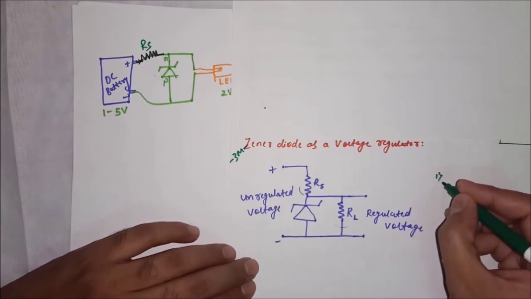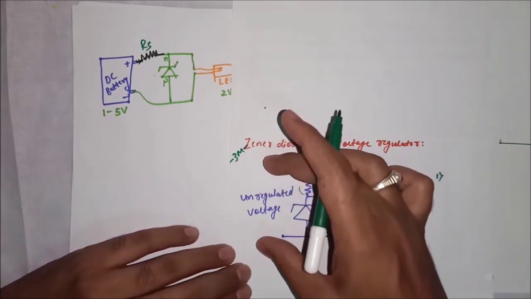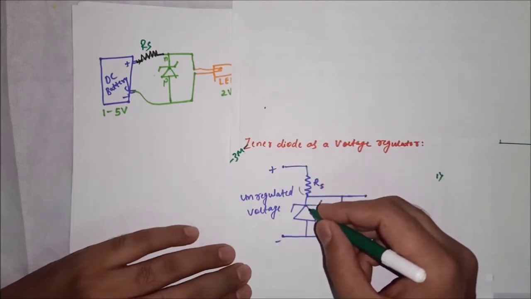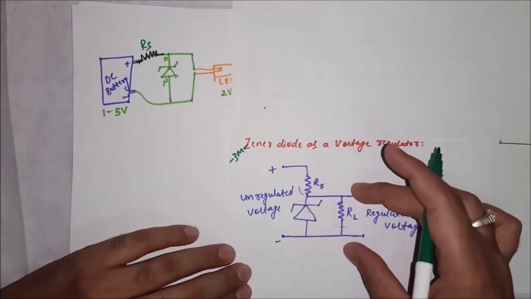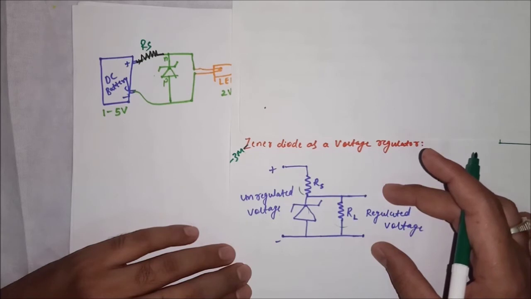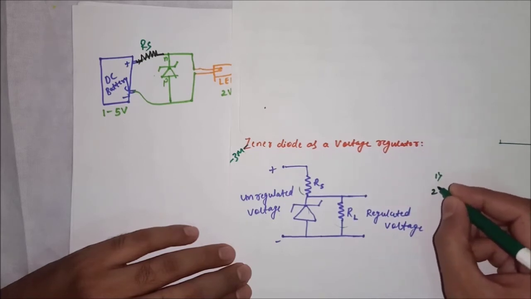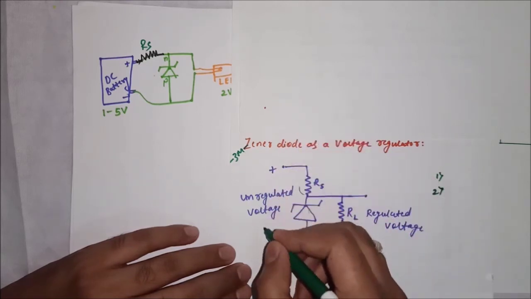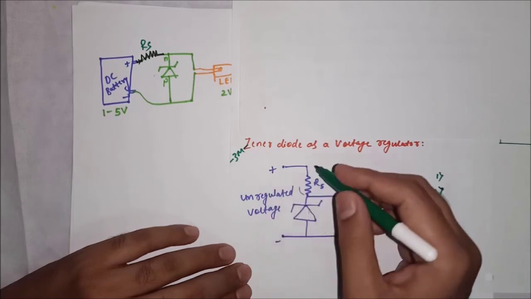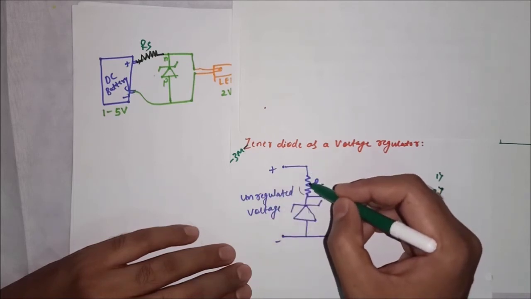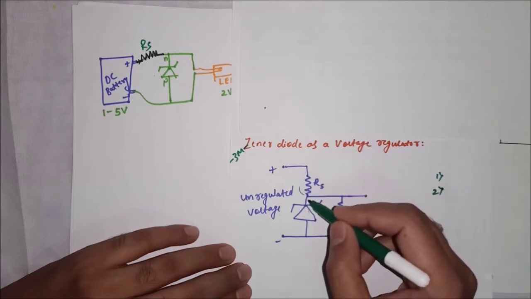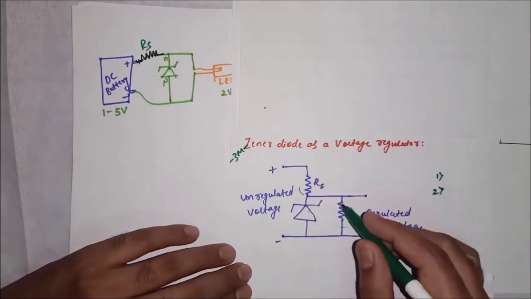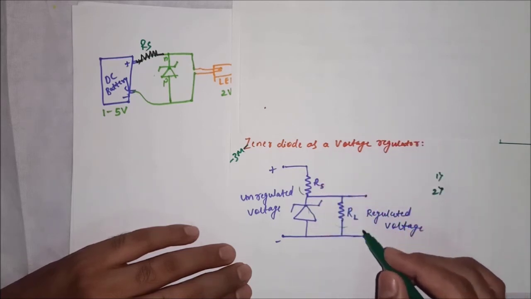The first point: as the input DC voltage increases, the current through RS and the current through the Zener diode increase and keep the output voltage constant. The second point: if the input DC voltage decreases, the current through RS, the voltage drop across RS and the current through the Zener diode decrease and keep the voltage across RL constant.